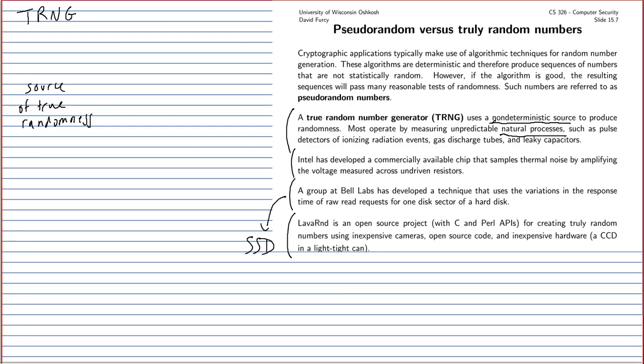And then what they do is they basically feed this randomness into some kind of processor that somehow is able to extract that randomness and to output a random bit stream, a sequence of bits, which can then be used by a cryptographic algorithm.